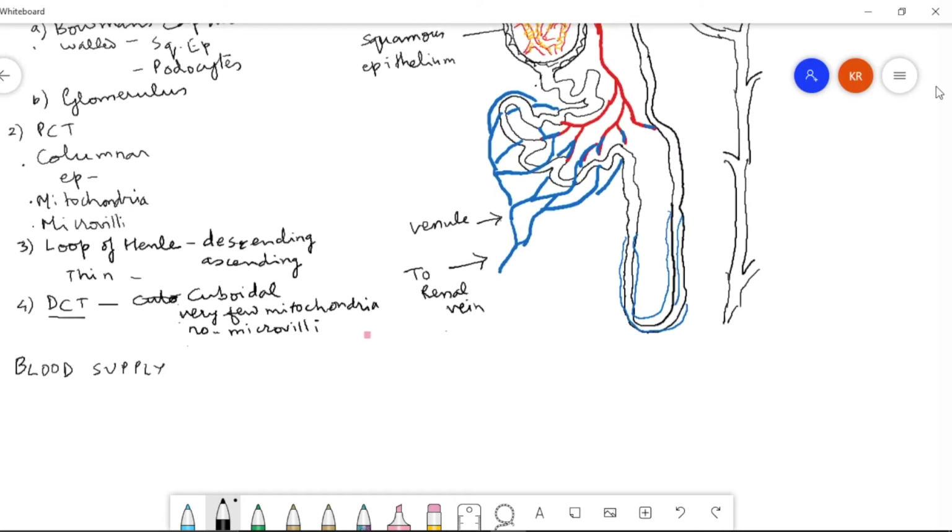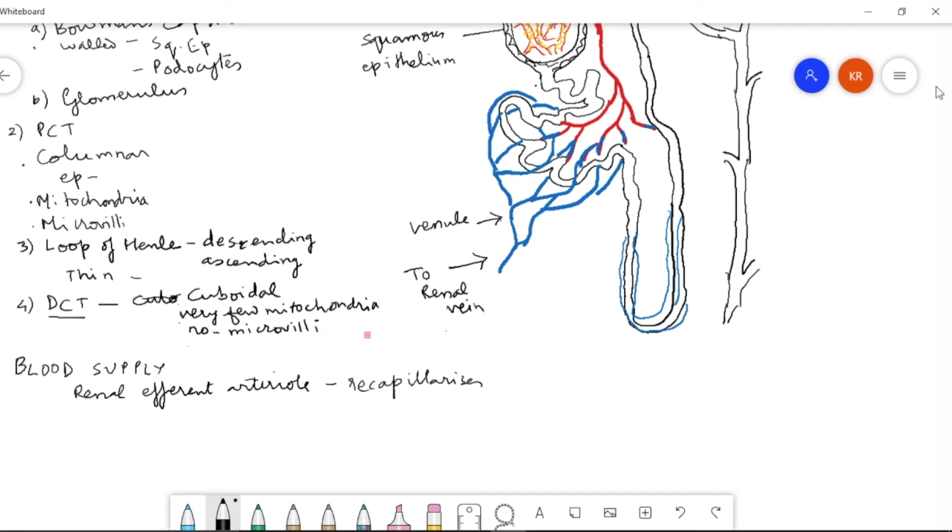So you can look at this blood supply to your right side, and what we will say is that the renal efferent arteriole now recapillarizes. That means it capillarizes again.